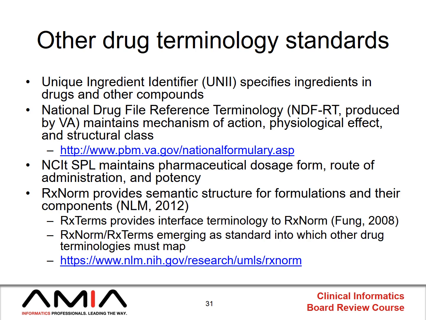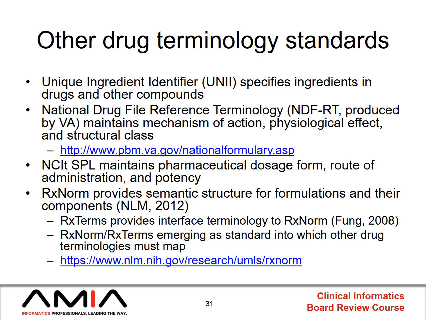Some of these other terminology standards, so there's the unique ingredient identifier that specifies ingredients in drugs and other compounds. The NDFRT is produced by the VA, and it further maintains mechanism of action, physiologic effect, and structural class of drugs. The SPL maintains pharmaceutical dosage form, route of administration, and potency.